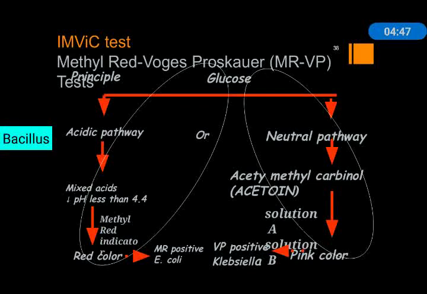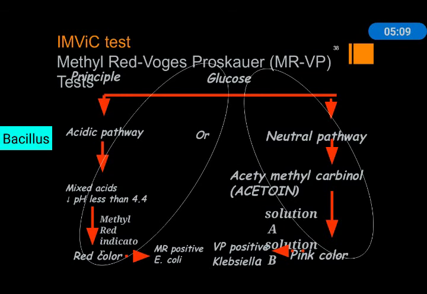The second test is the methyl red and Voges-Proskauer test. You can see this in the chart. Glucose is fermented by two pathways. The first is the acidic pathway, and the second is the neutral pathway.